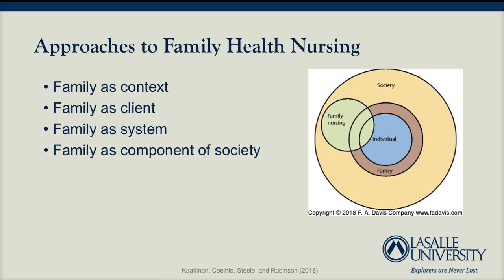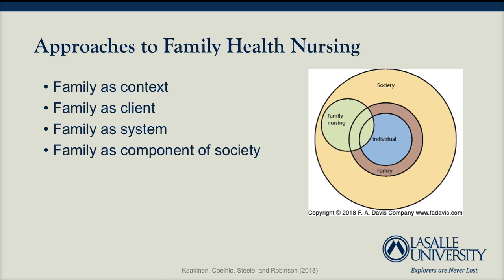Within this course, we'll be looking at approaches to family health nursing as family as context, client, system, and as a component of society. So in context, the traditional focus is the individual in the foreground and the family in the background. And here the family can be seen as a resource or a stressor.